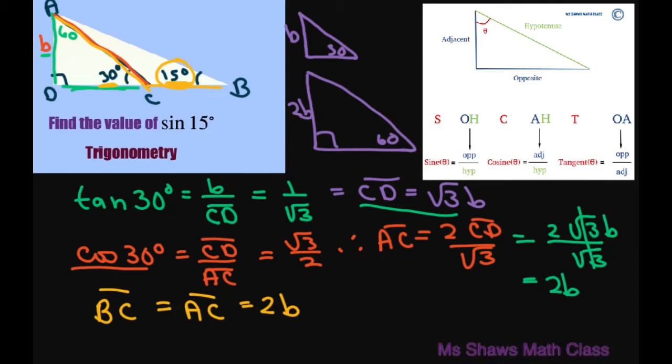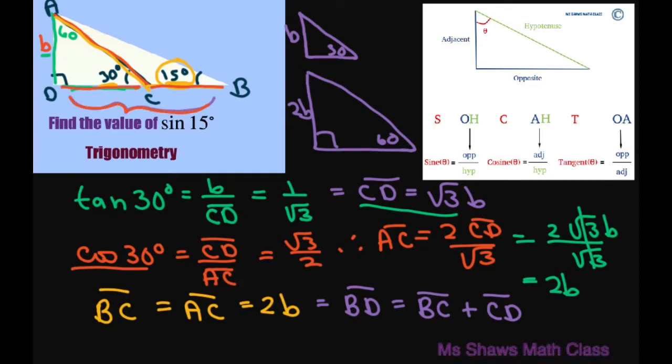So there's that. And that means we have BD. This length here equals BC plus CD, right? Because we're adding these two together to get this whole length here.